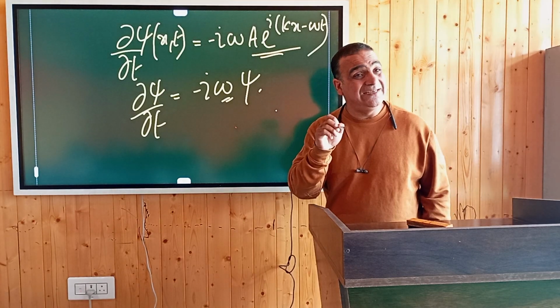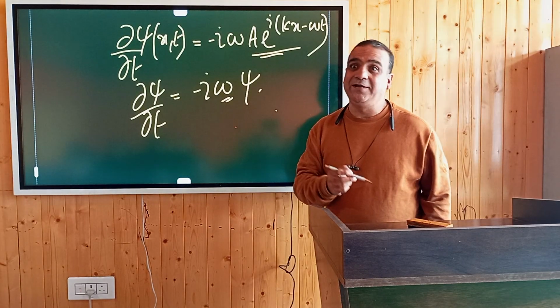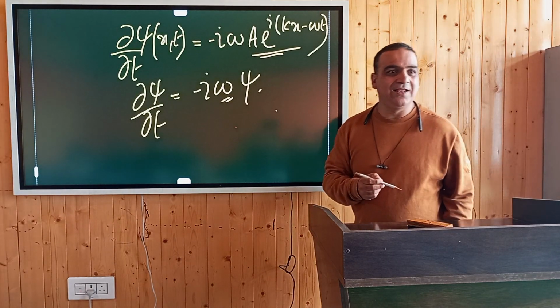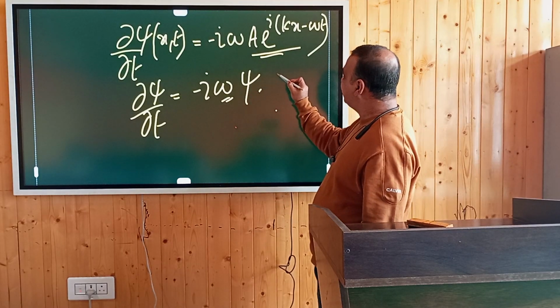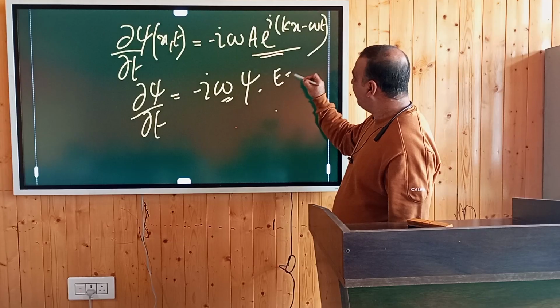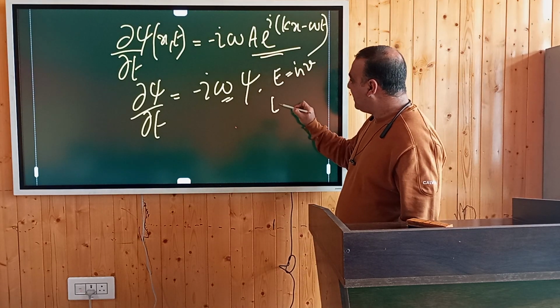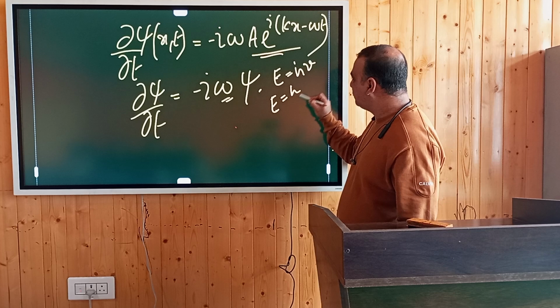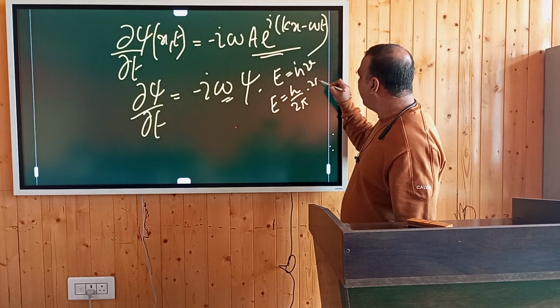It's an operator. So I can think of this omega as, if I talk about E, Planck's equation, we have E is equal to h nu, isn't it? Now, we can think of E as h by 2 pi times 2 pi nu.